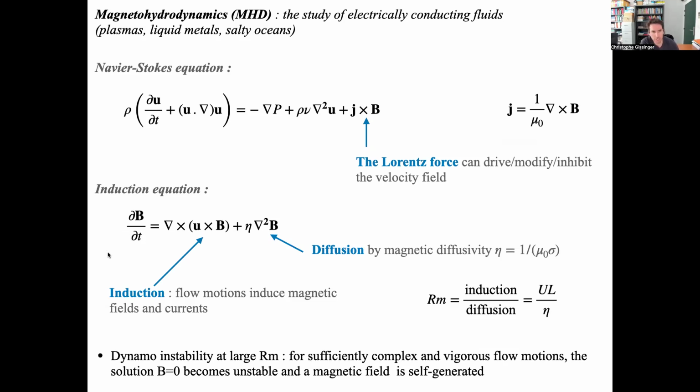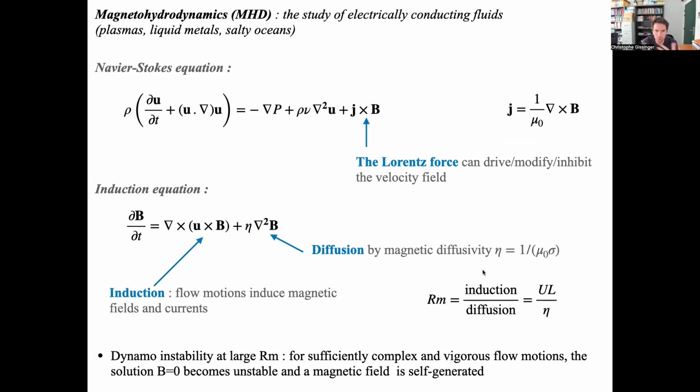Roughly speaking, the induction equation tells you that the time evolution of the magnetic field is due to a competition between two terms. The first one is the induction, which involves the velocity, and it basically describes how flow motions can induce magnetic fields. It's counteracted by the Laplacian, which describes the magnetic diffusion, where eta is the magnetic diffusivity.